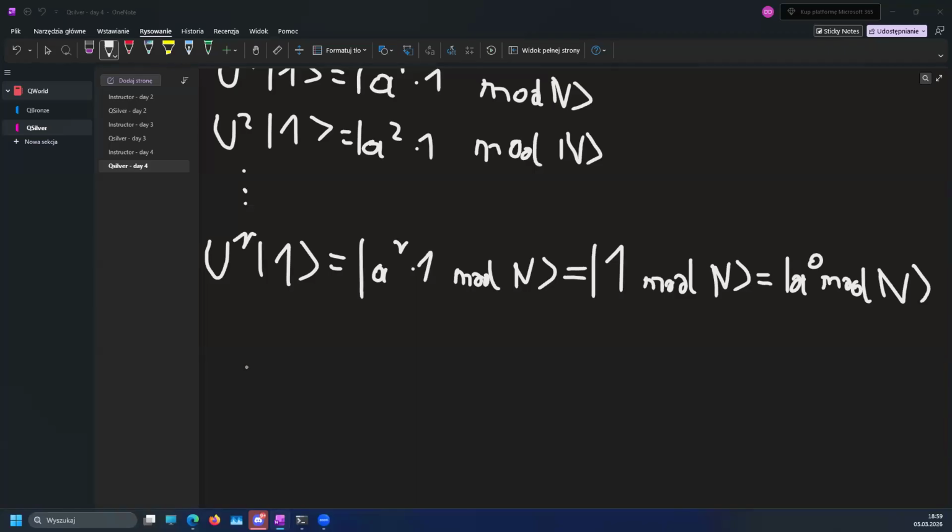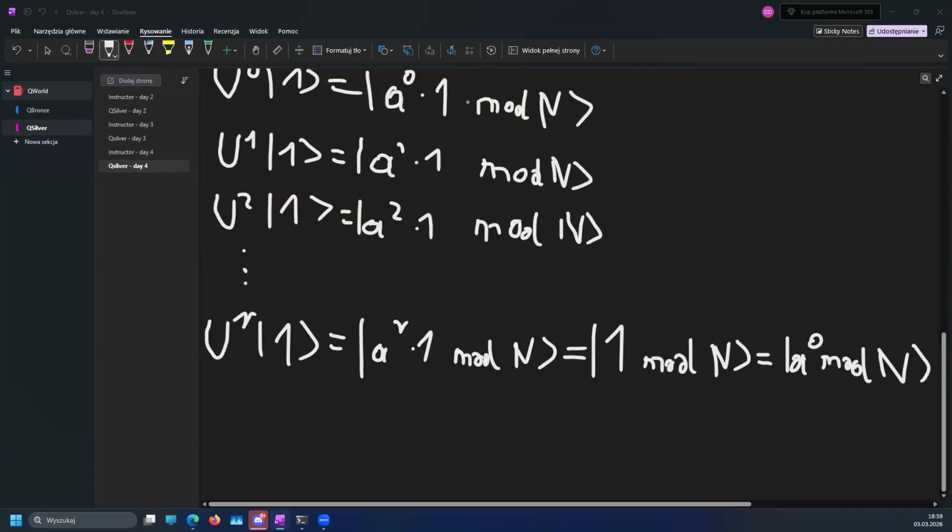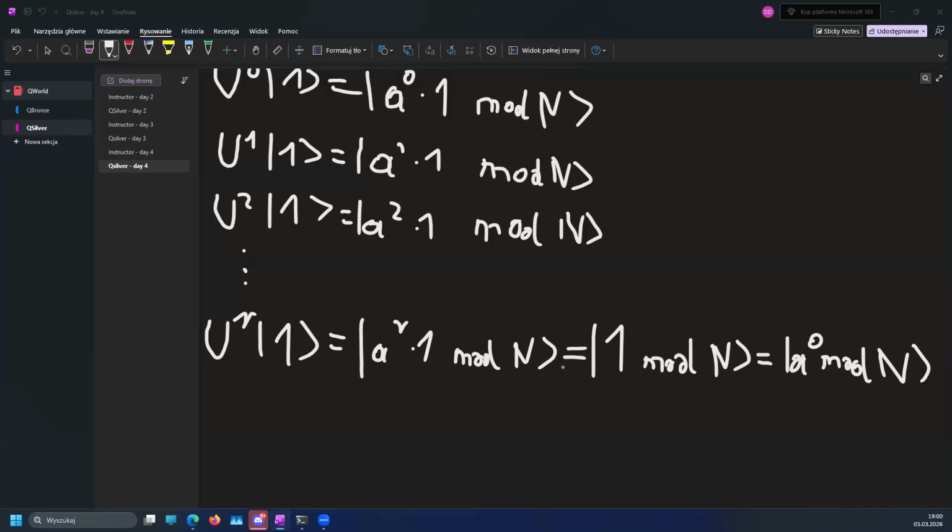First of all, I will show you how this eigenvector looks, and then I will show you that this is exactly an eigenvector. So first of all, consider a superposition of all of those states that we wrote here: a to the power of 0 times 1, remainder of n, then another state a to the first power, a to the second power, and at the very end a to the nth power times 1, remainder of n.